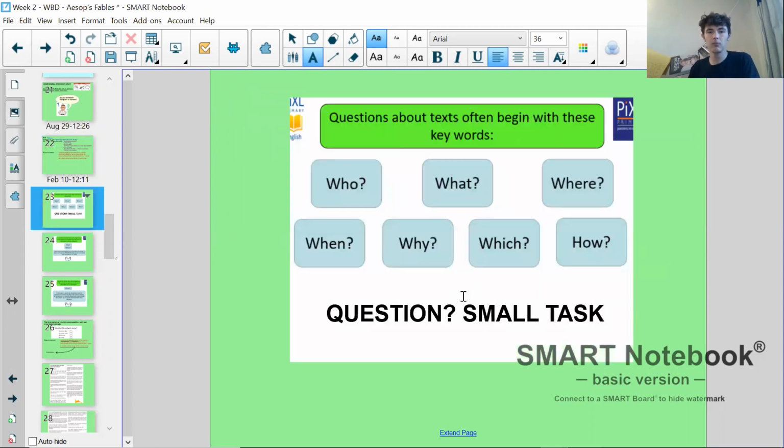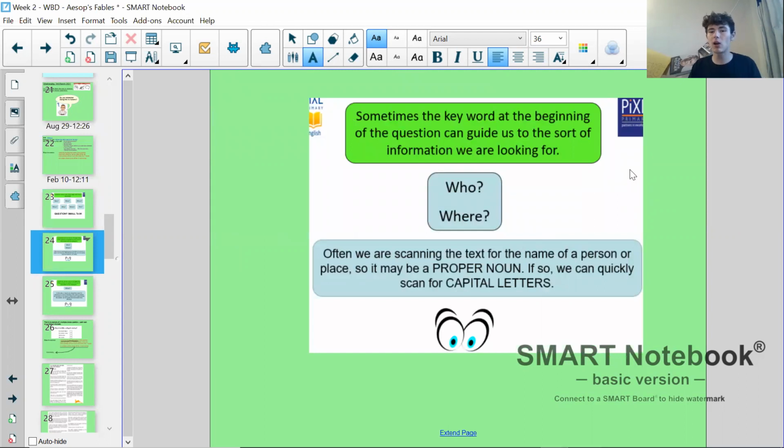So, questions about text often begin with these key words, all right? So who, what, where, when, why, which, how, right? And sometimes the key word at the beginning of the question can guide us to the sort of information we're looking for, okay?